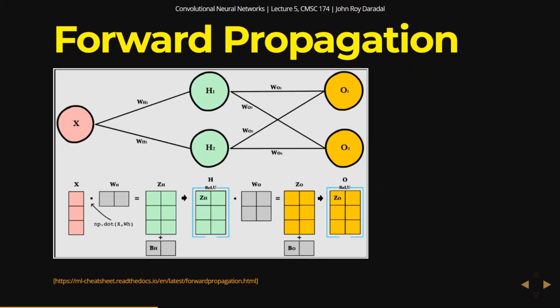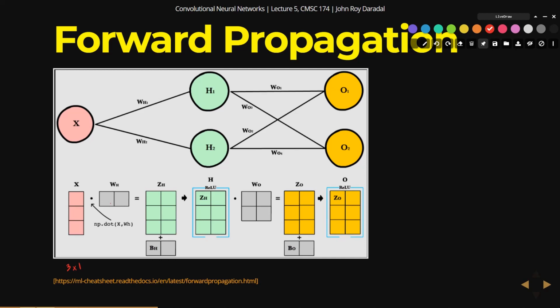So let's see an example here. Our input here is a matrix of size 3 by 1. And then for the weights in this layer, there are two weights, so from x to h1 and x to h2.